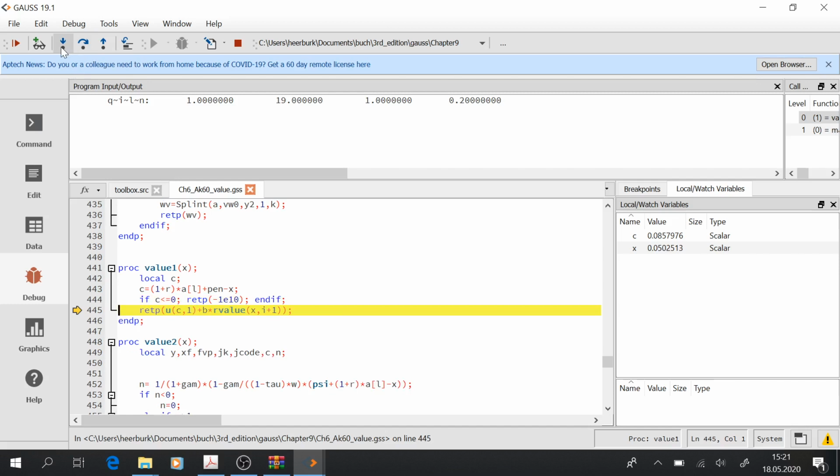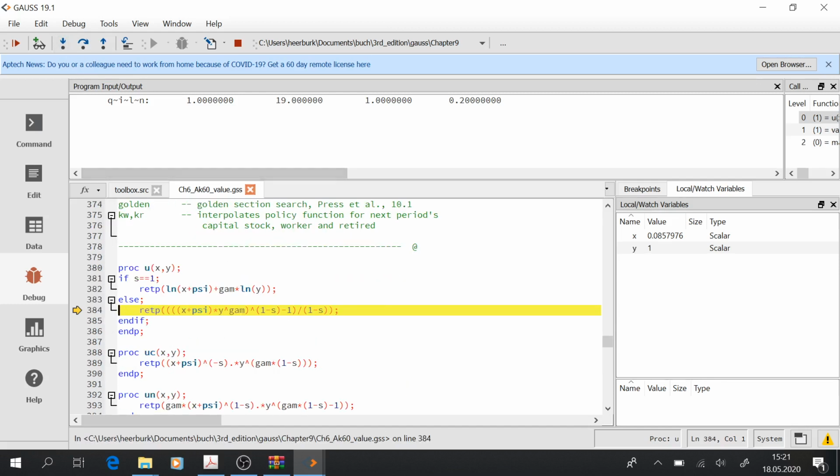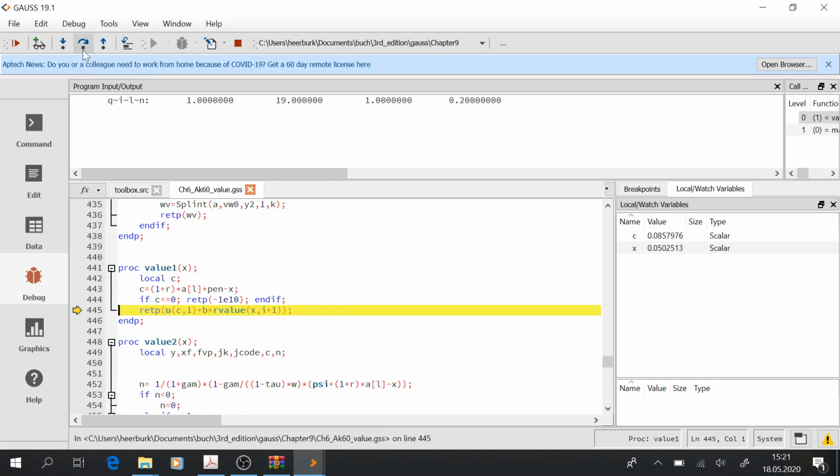And we first compute the utility that's associated with consumption equal to 0.085798 and leisure 1. And next we compute the value function next period for our next period asset level 0.05025.